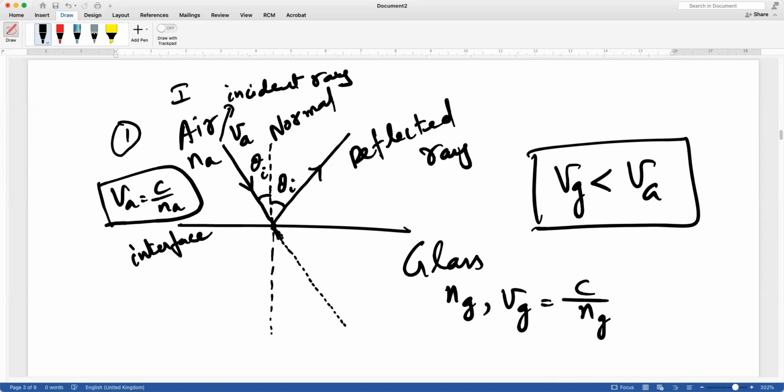That is not a very difficult thing, but let's take it as going towards the normal. So this is going to be our angle of refraction. Okay, so now we have a job to do. I did not explain why it is bending: it needs to reduce the velocity. Only by bending towards the normal can it reduce the velocity.